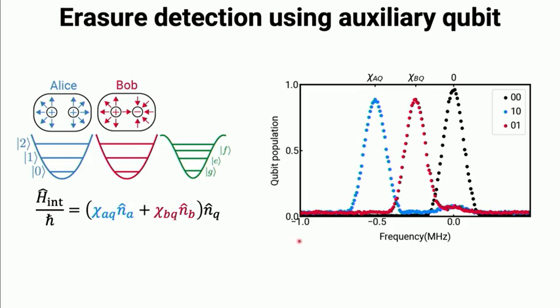So if the cavities are empty, or in the 0,0 state, then the transmon frequency is unchanged. But that's exactly our error state that we have to detect for the dual rail qubit. So to detect photon losses, all we have to do is prepare our system in the dual rail subspace and see if the transmon frequency shifted at all or not.